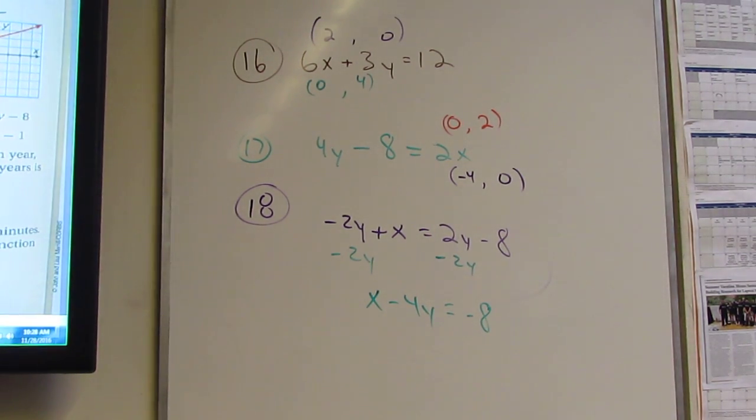How did I get that? What's negative 2 minus 2? Minus 4. If I need $2 and I need $2 more, then I need $4.